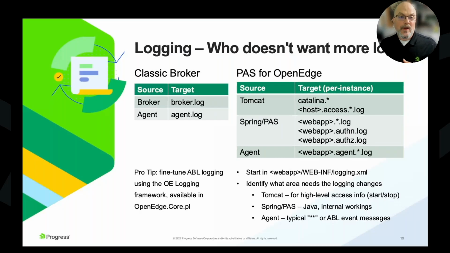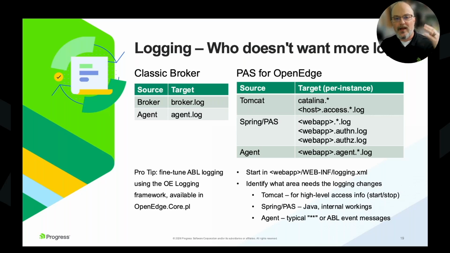One of the key points when working with PaaS and getting to know it is logs. What's going on, what's going wrong, what's going well. One of the easiest ways to tell is simply looking at the logs. And who doesn't want more logs?